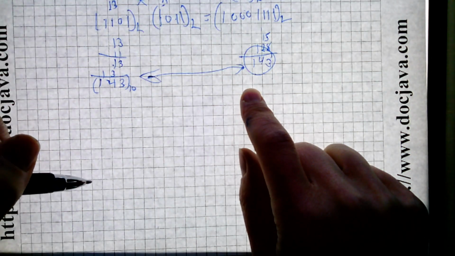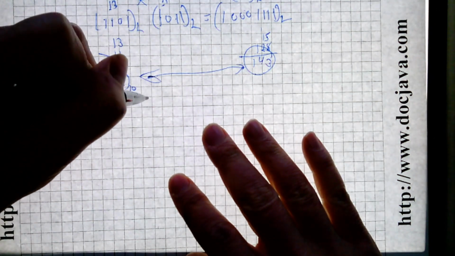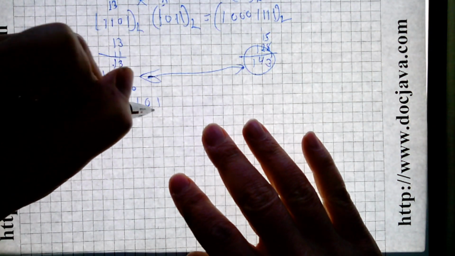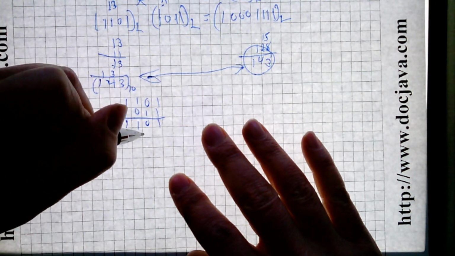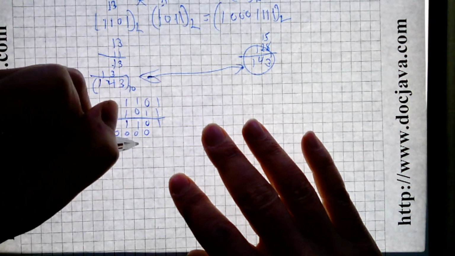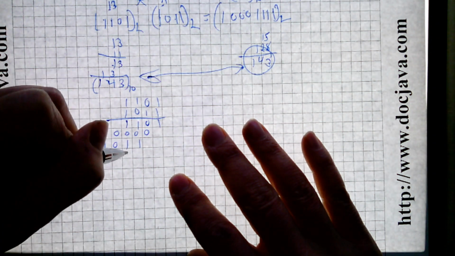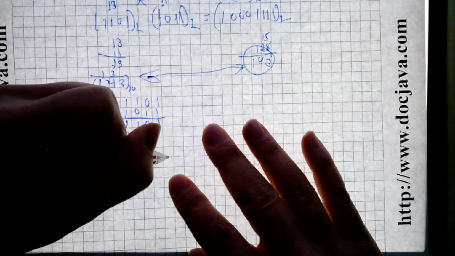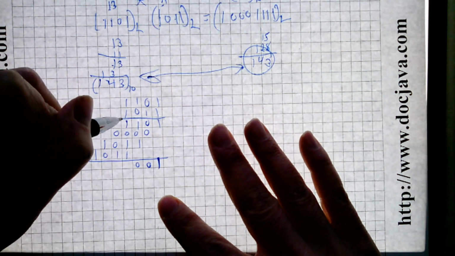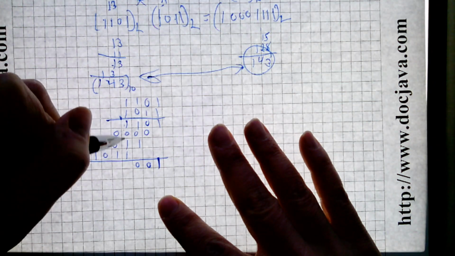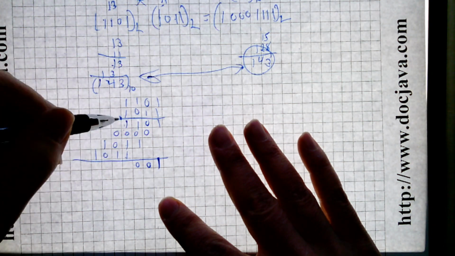Now the other way you can do it is you can write 1, 1, 0, 1, and then write 1, 1, 0, 1, and then write 0, 0, 0, 0, and then write 1, 1, 0, 1, and then you can add these things together. 1, 0, 0, carry the 1, 1 plus 1 plus 1 is going to be 1, carry the 1.